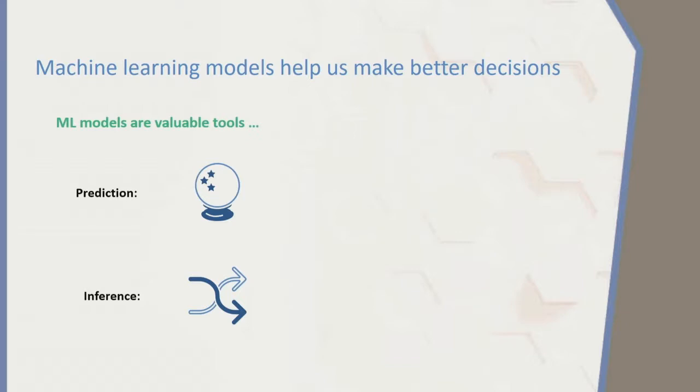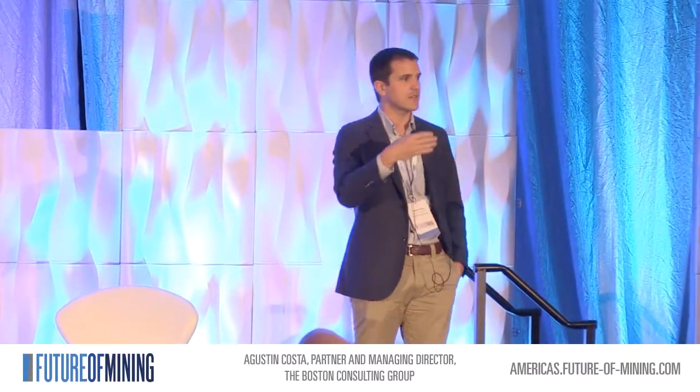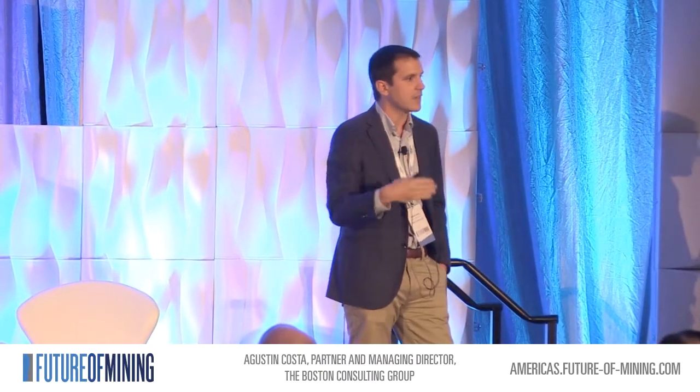The two key things that are really valuable about machine learning models is that they allow us to make predictions, but also inferences. One of the most useful things we've done with machine learning models is to actually build inferences and what we call a partial effects plot to understand, for instance, what's the exact impact of granulometry and fragmentation in a SAG throughput.